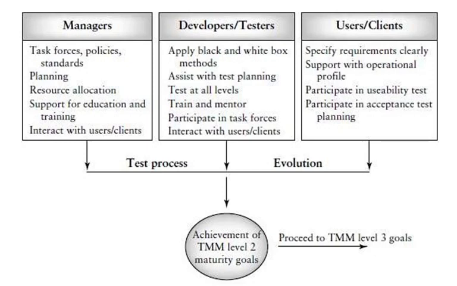Users and clients participate in usability, acceptance and requirements testing. From manager to developer or tester is the test process; from tester or developer to client or users is evaluation. This is the achievement of TMM, the Test Maturity Model, level 2 maturity goals, proceeding to the TMM level 3 goals.